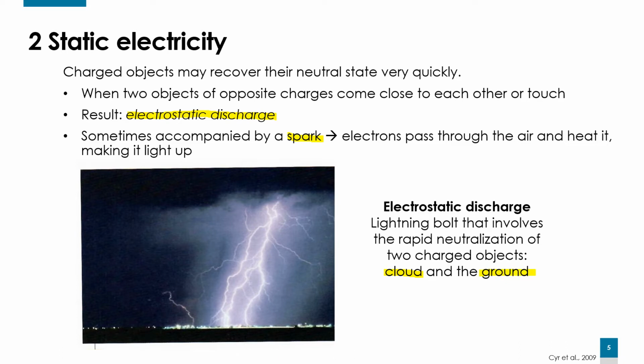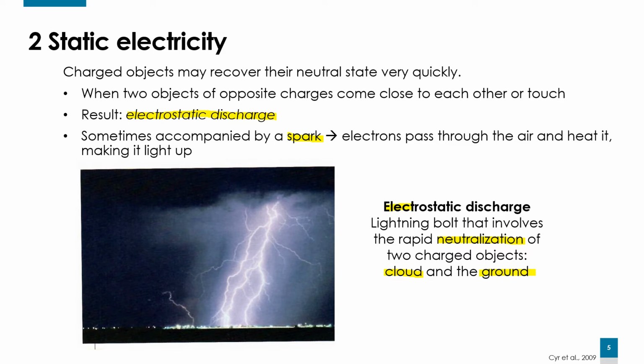When they come close to each other, they make the rapid neutralization of their charges. So the charges pass from the cloud to the ground, and we can observe this discharge by the lightning bolt.